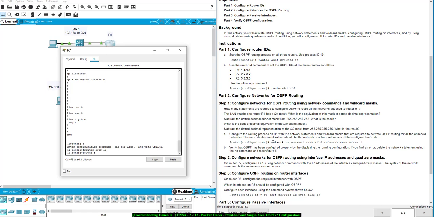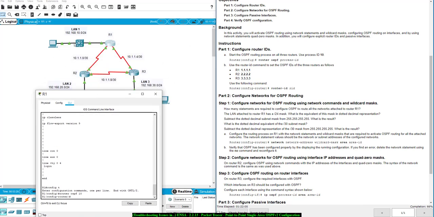Now down here, and hopefully you guys understand this, how many statements are required to configure OSPF to route all the networks attached to R1? Well, that'll be 3 because we have 3 networks connected, which is that one, this one, and this one. Subtract the dotted decimal subnet mask from all 255s. What is the result?